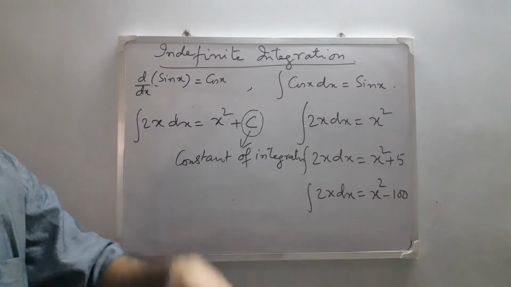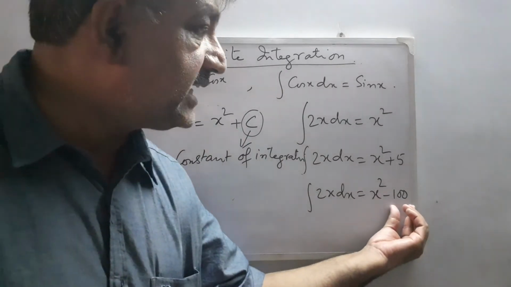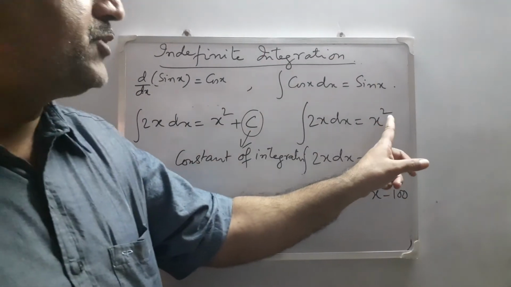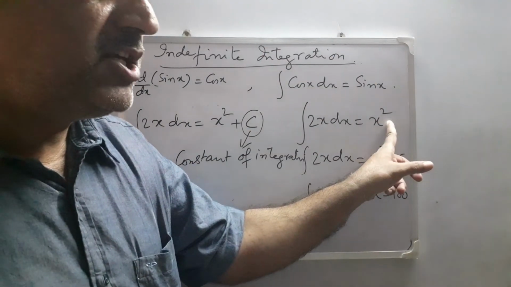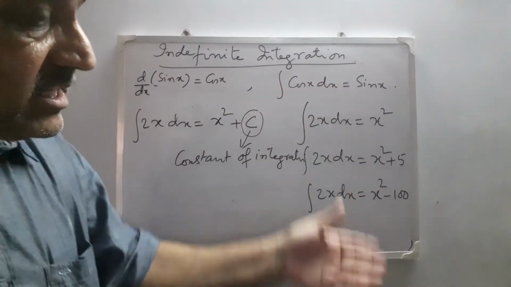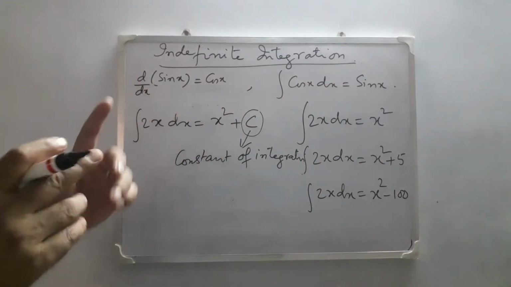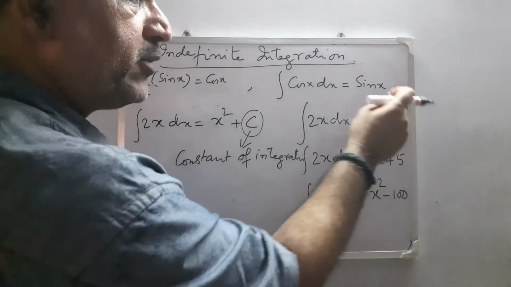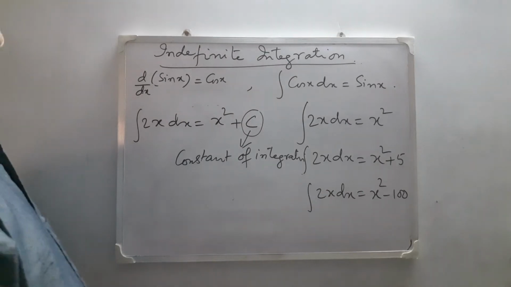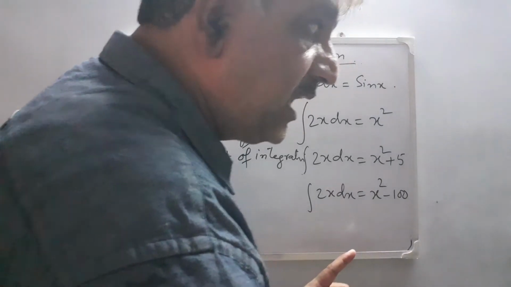Or if it is minus 100, then you should take the value of c as minus 100. Or if it is 0, then you take plus 0. So it will provide all the answers to get the original function, depending on whether a constant is present in the original function or not.